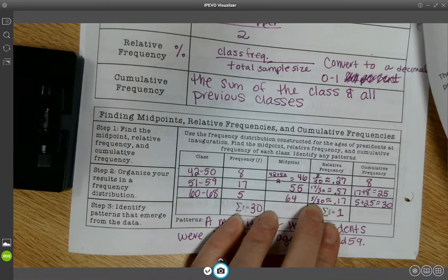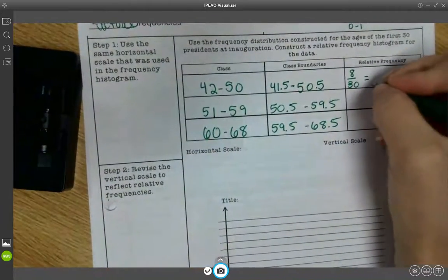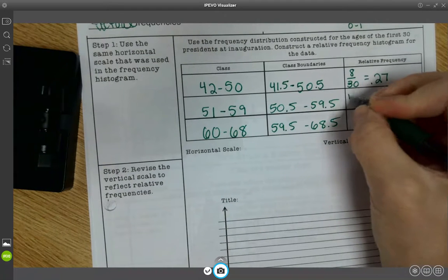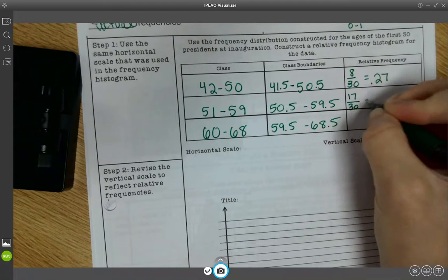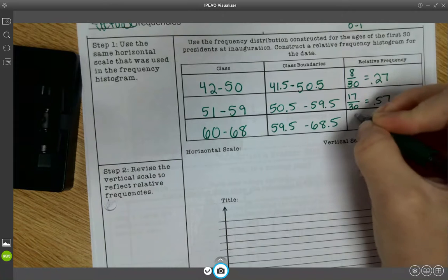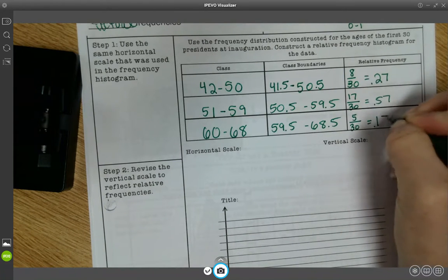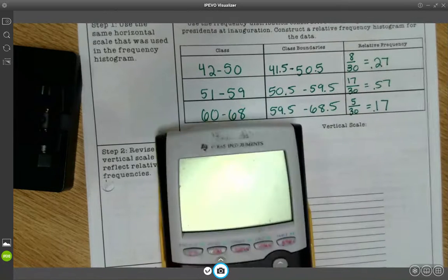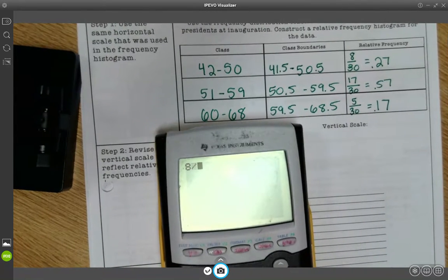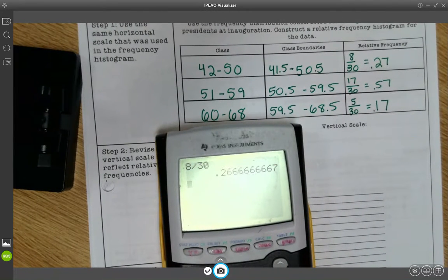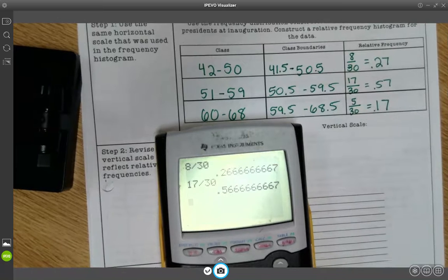And 5 out of 30 is 0.17. So the way I found it was just by dividing and then rounding to 2 decimal places.